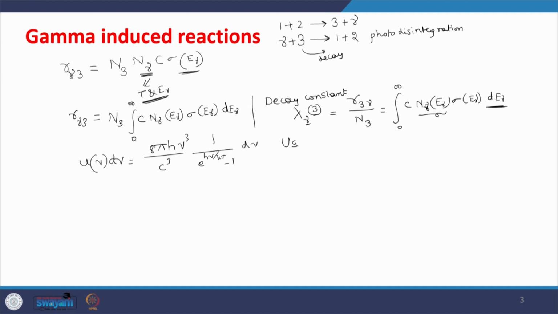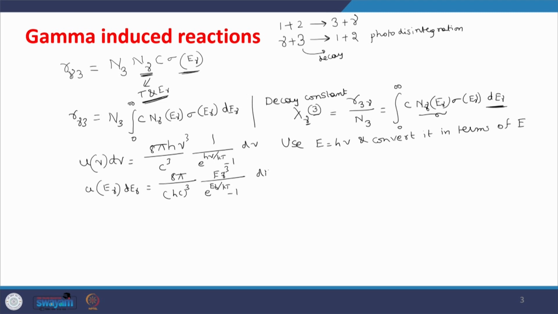Now, use E is equal to h nu and convert this equation in terms of not frequency, but E. Then the energy density in terms of E gamma, dE gamma looks like 8 pi divided by h c cube, E gamma cube, e to the power of E gamma by k T minus 1, dE gamma.